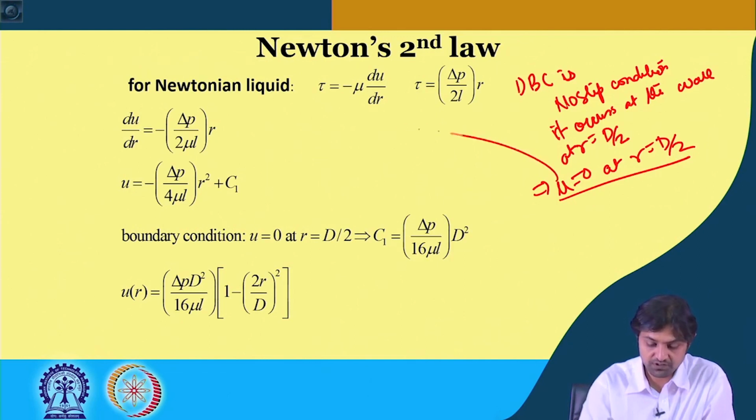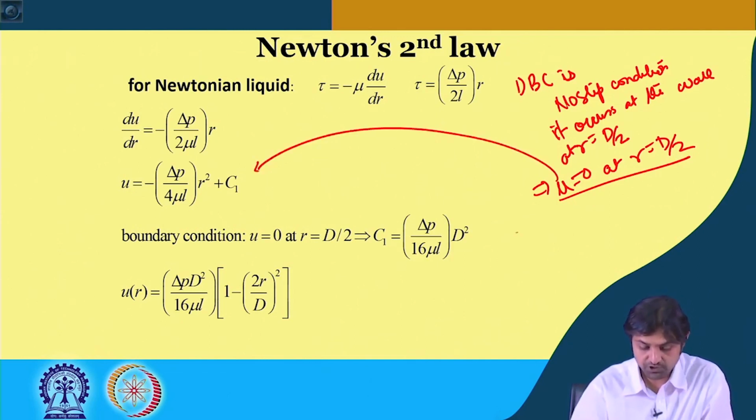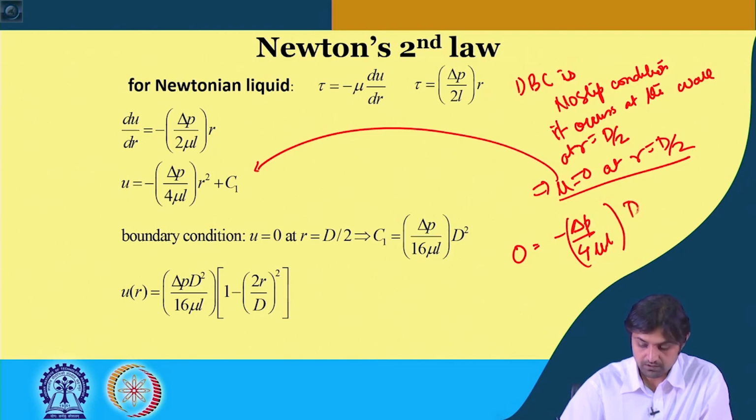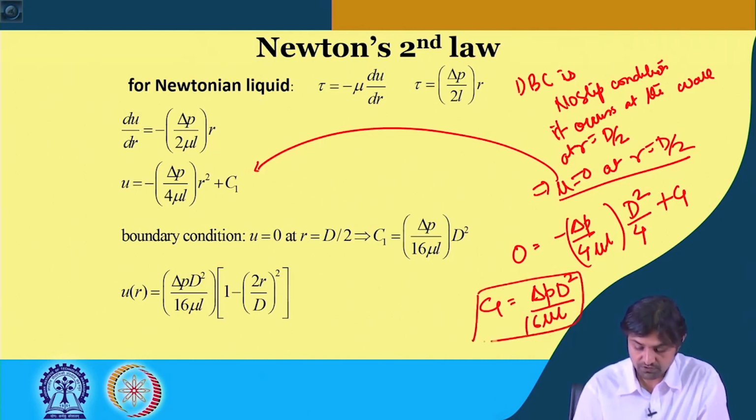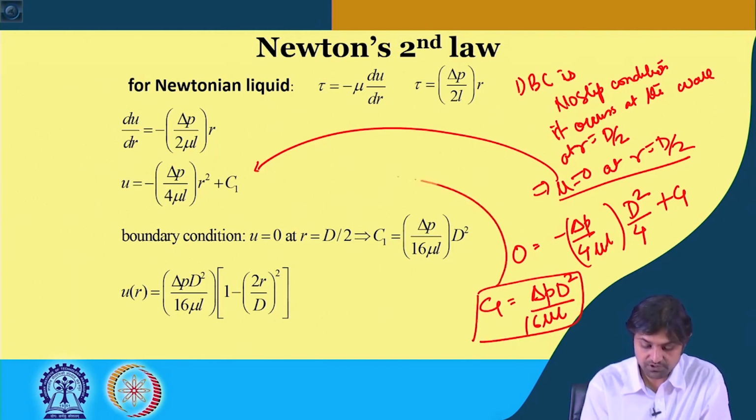If we put this in this equation, we say 0 is equal to minus delta P by 4 mu L, d square by 4 plus C1. So what do we get? We get C1 as delta P d square by 16 mu L. So this is the value of C1 that we get, and now we substitute this C1 here.